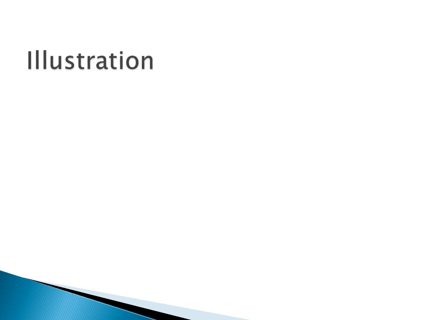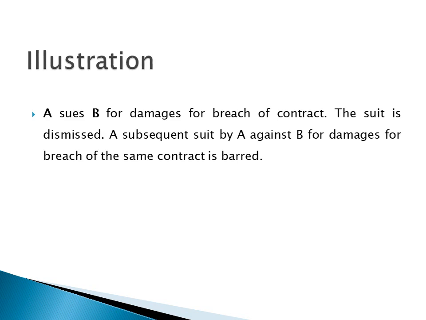Illustration: A sues B for damages for breach of contract. The suit is dismissed. A subsequent suit by A against B for damages for breach of the same contract is barred.